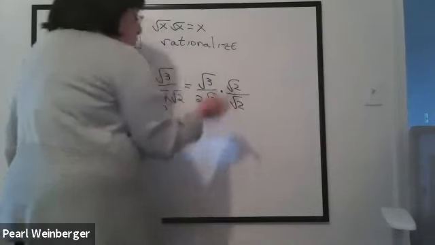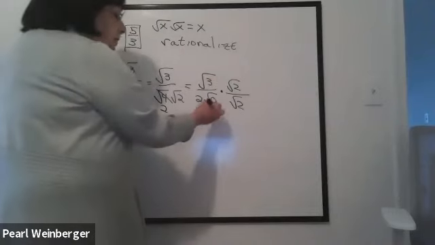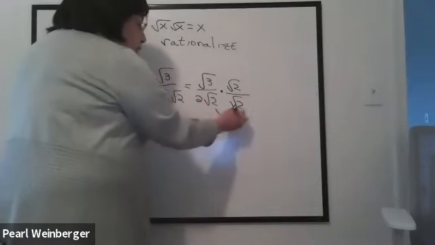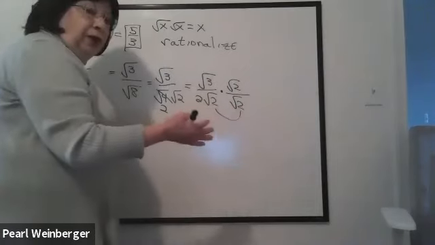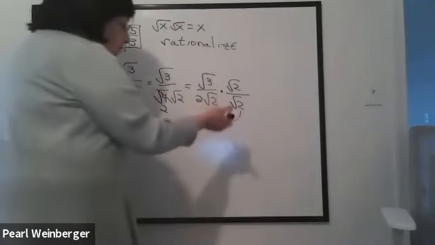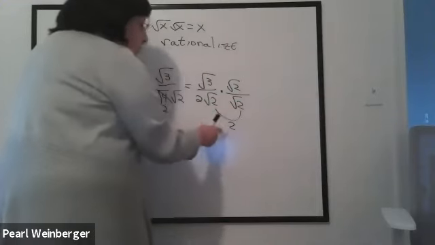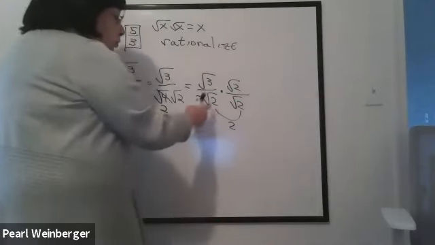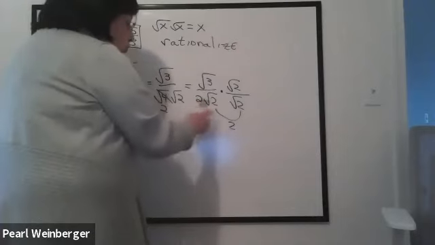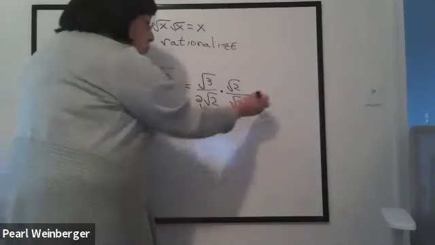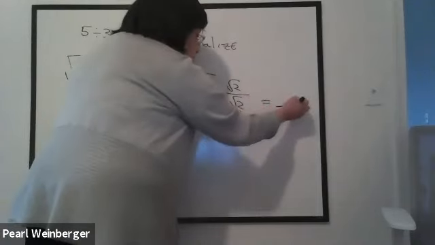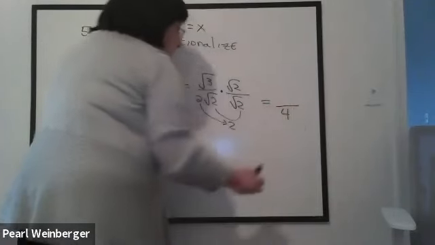Now, why am I going to do that? Because if you look at the denominator, when I multiply the radical 2 times the radical 2, we know when we multiply a radical by itself, we've been saying that a few times, that just gives us the number inside the radical. So this part becomes just 2. Now remember, I had a 2 over here from before, so 2 times 2, my denominator turns out to be 4.